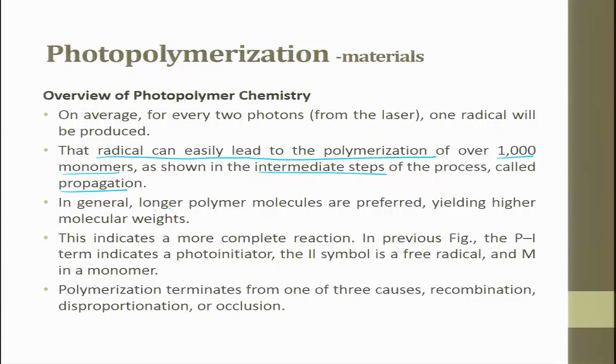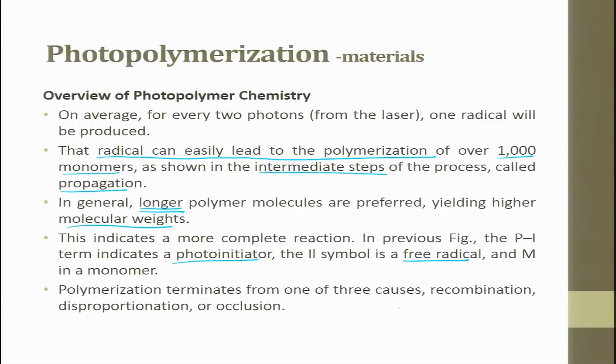In general, long polymer molecules are preferred, yielding higher molecular weight. We don't prefer short, we always prefer longer polymer molecules. This initiates a more complete reaction. In the previous figure, as we show, the PI term indicates a photoinitiator, the double dot symbol is a free radical and M is a monomer.